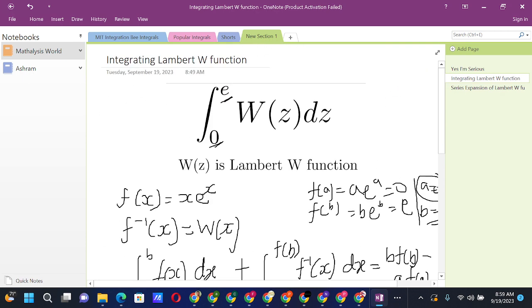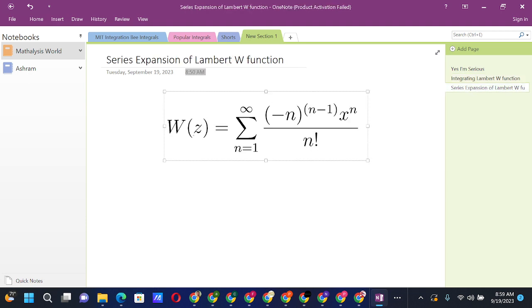You can use the series expansion of Lambert W of z. Here we have the series expansion: Lambert W of z equals the summation from n equals 1 to infinity of negative n to the power n minus 1, x to the power n by n factorial.